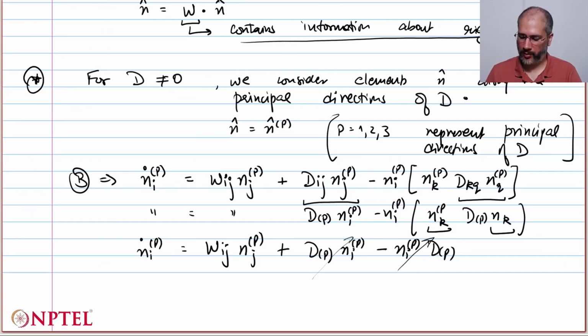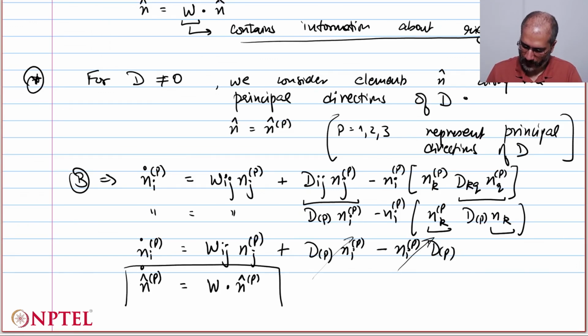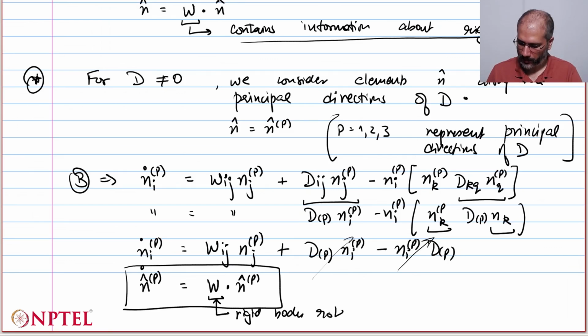And that's very interesting because in the symbolic notation, we get the rate of rotation of any principal direction of D as W times n hat P. But W contained information about rigid body rotation. By that argument, what we conclude is that the principal directions of D are undergoing a rigid body rotation.